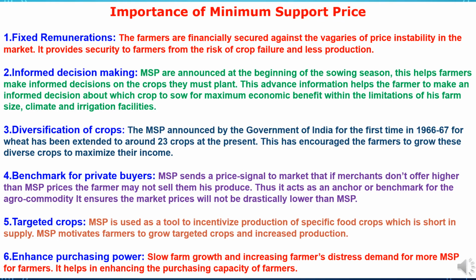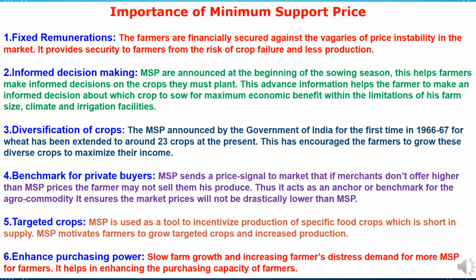Fourth one is benchmark for private buyers. MSP sends price signal to market that if merchants don't offer higher than MSP prices, the farmers may not sell them his produce. Thus, it acts as an anchor or benchmark for the agro commodity. It ensures the market prices will not be drastically lower than MSP.